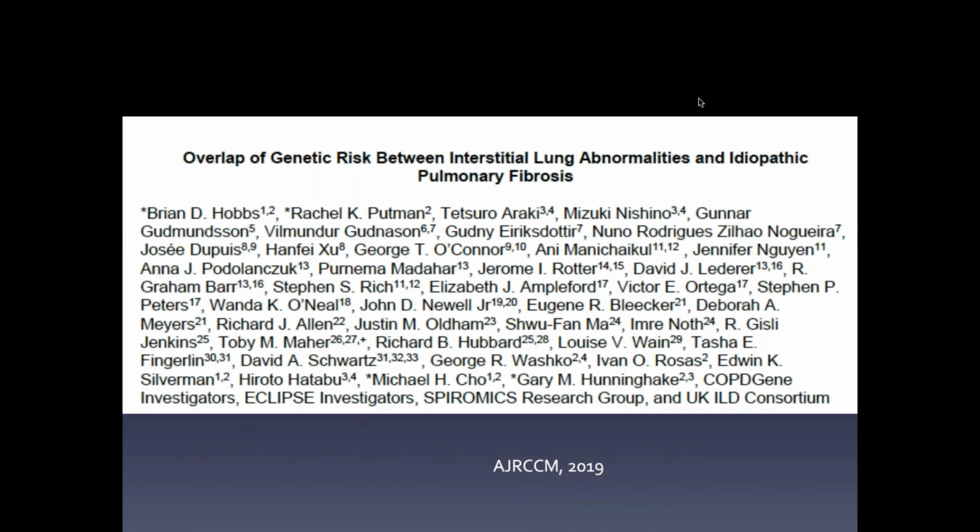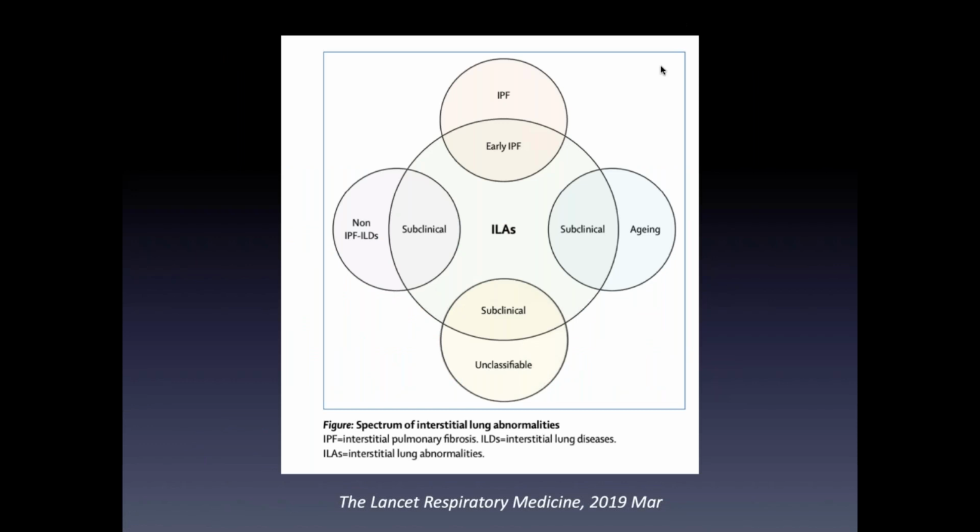Again, we know that there is an overlap of genetic risk between ILA and pulmonary fibrosis. And so ILA, in this context, can be observed in the elderly and not yet be an IPF because of lack of time.